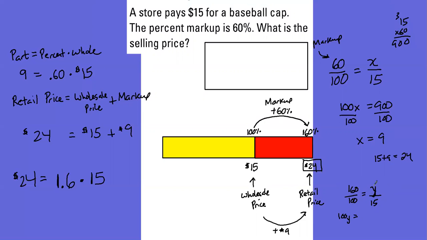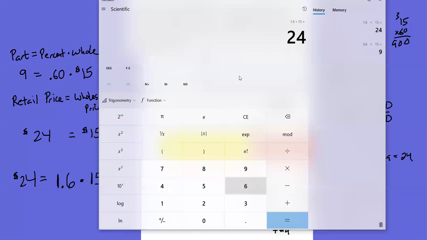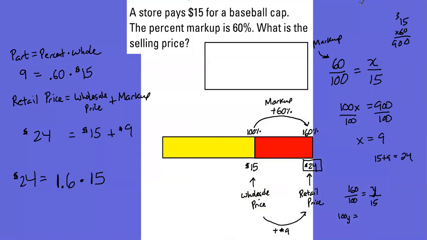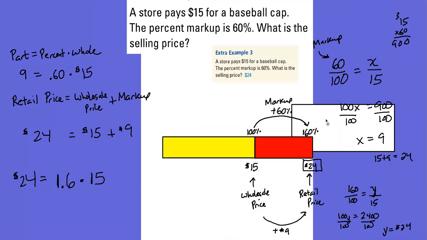You have 100 times y and 160 times 15. We'll save a little bit of time here and just type that into our calculator. 160 times 15 puts us at 2,400. And 100 times what number would give me 2,400? Well, dividing both sides by 100 will get me that 24 number. So my selling price for the item has to be $24. And there's the answer.